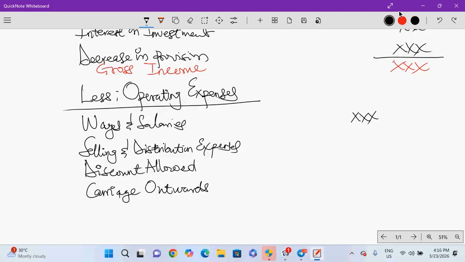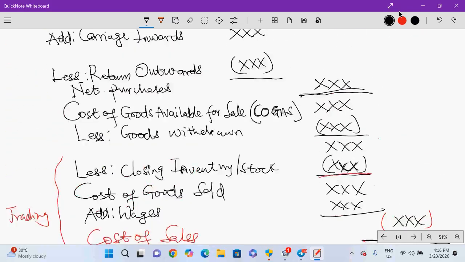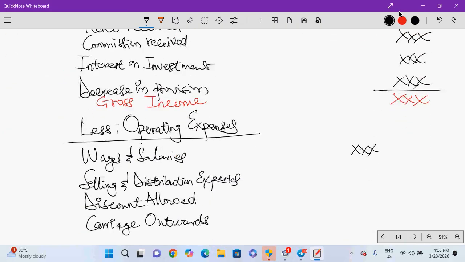Carriage inwards is a cost of transporting goods into the business, but carriage outwards is an expense.